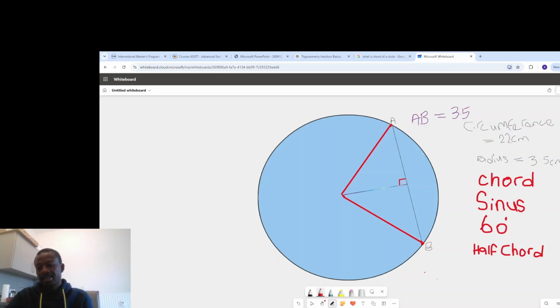This makes a right angle, that's 90 degrees. And let's name here to be our center. So let me use the symbol C. And we can name here M as our midpoint.